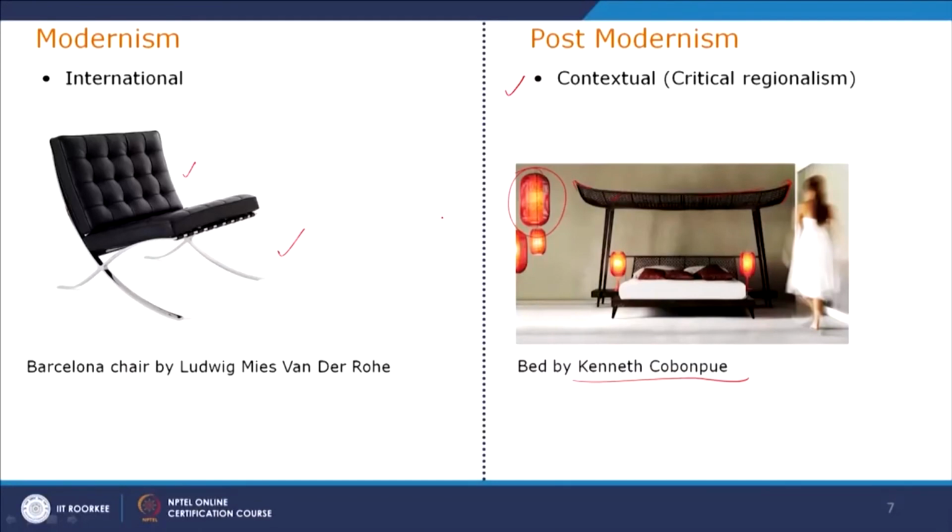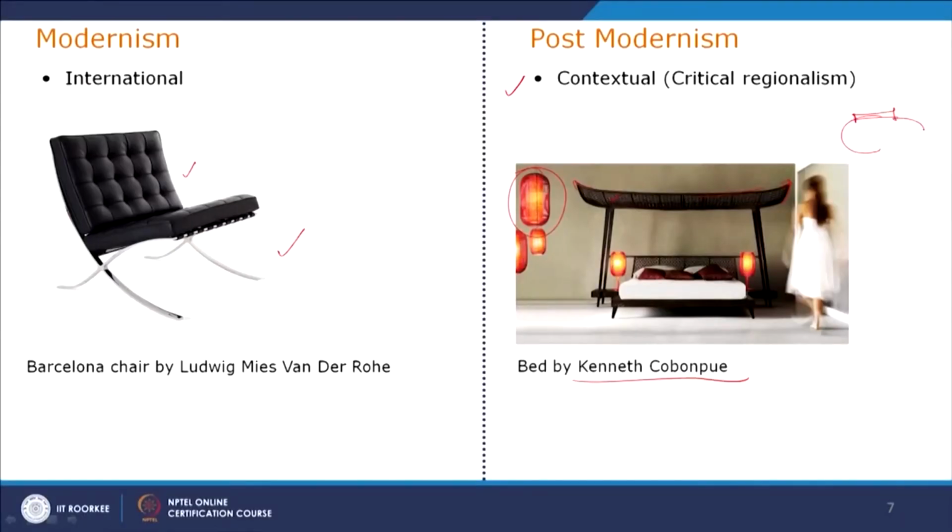And this chandelier is inspired by the red chandeliers we see in the Far Eastern countries, but the shape of these chandeliers is changed. It's not what we usually see in this kind of chandelier. It has a different shape, but the color is similar.